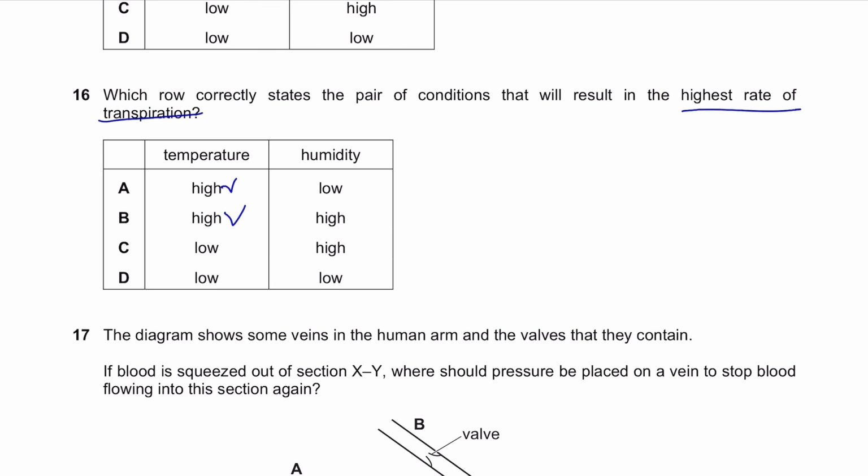This will cause more evaporation and there will be more transpiration. Then the humidity. So the humidity that they're talking about is the humidity of its surroundings. Well, the humidity should be low so that there is overall less water potential around the plant and there will be a faster rate of evaporation from the leaves.